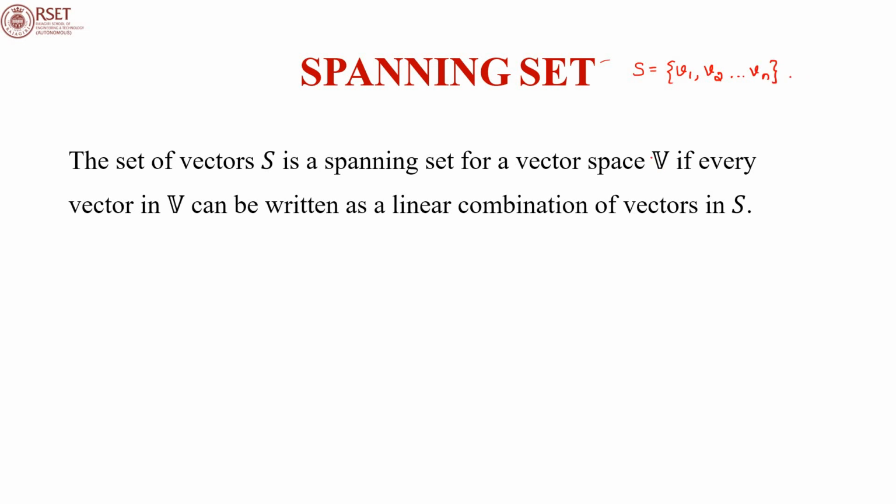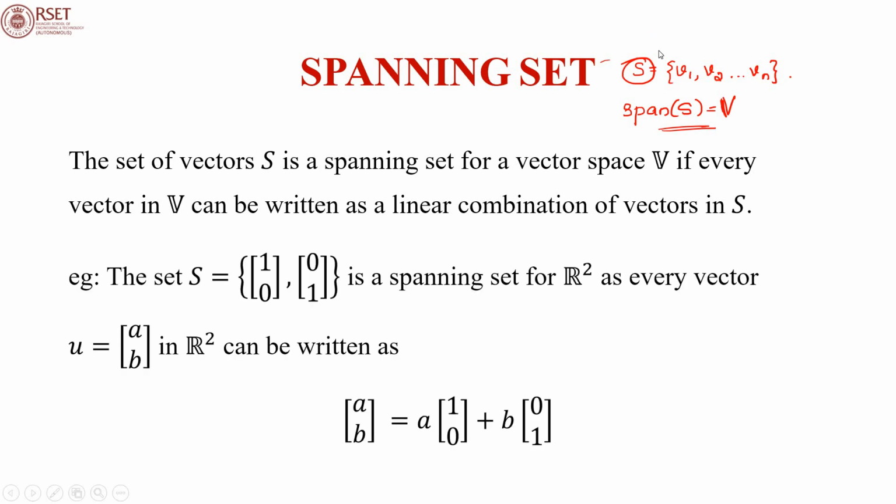This set is called a spanning set for V if span of S is equal to V. That is, the set of all linear combinations of the elements in S will give me the entire vector space. In such a case, we call S a spanning set for the vector space V.